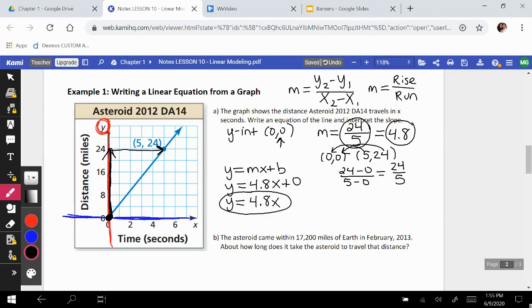Okay, let's go ahead and interpret the slope. That's the next part, is to interpret the slope. What does the slope mean? Like if I'm thinking about slope being rise over run, what is my vertical axis, or what is my rise axis telling us? That's miles.